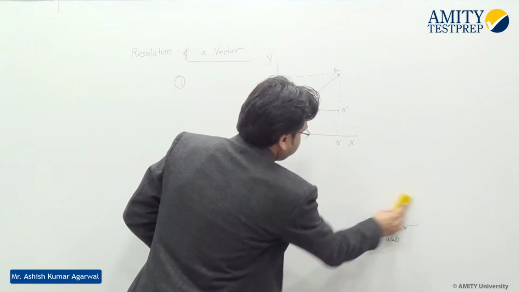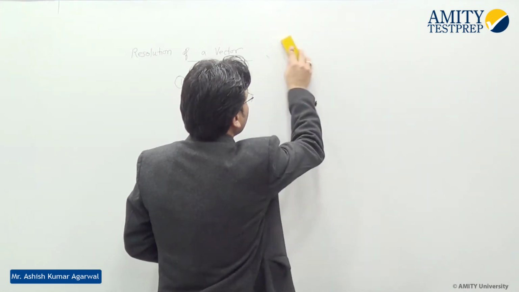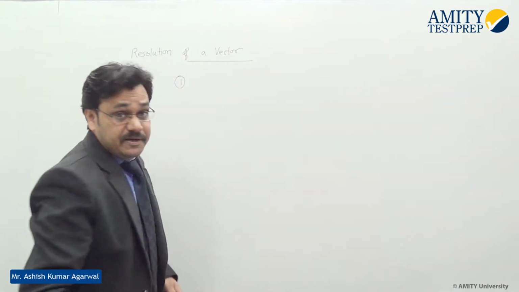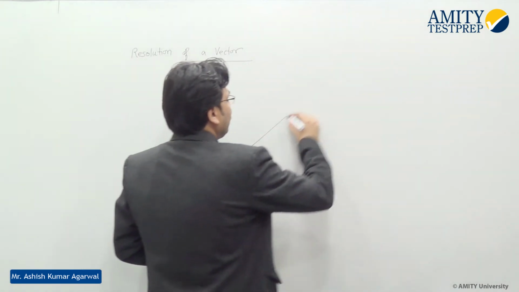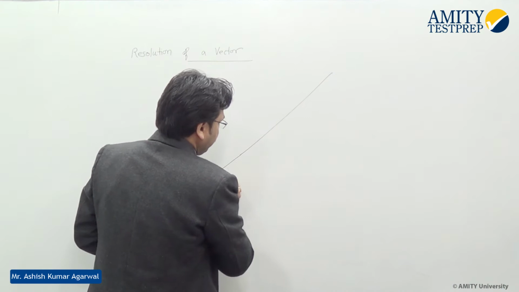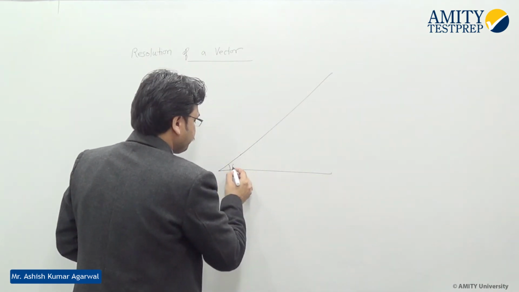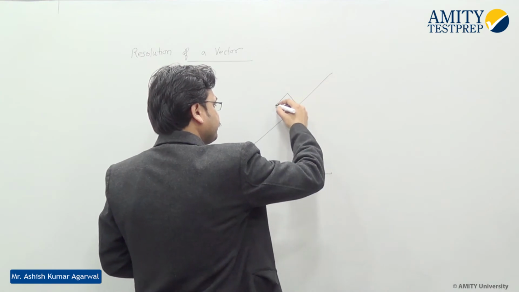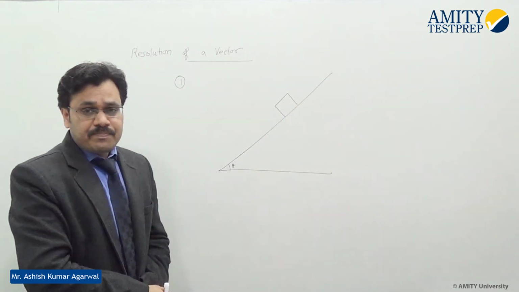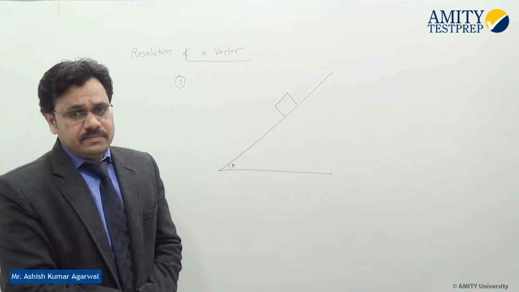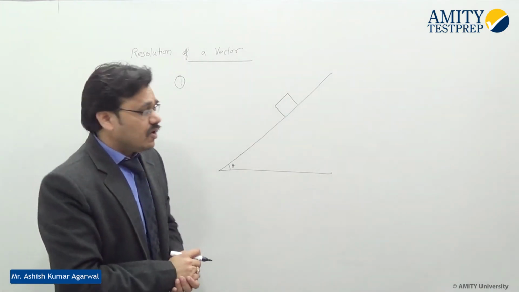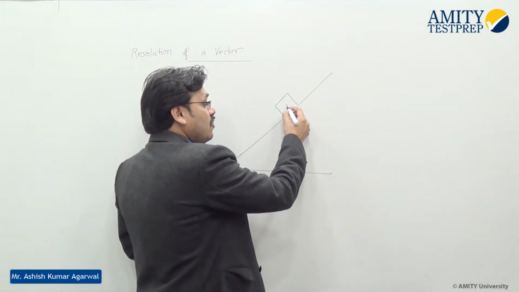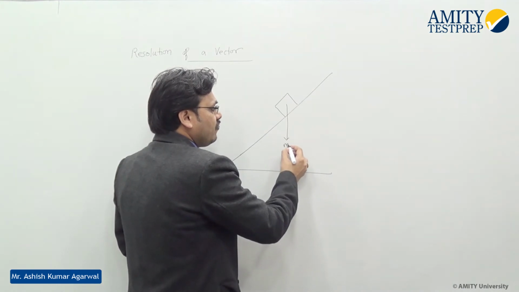I'm just taking an example of an inclined plane where a body is placed. You can see the weight of the object, mg, is always acting vertically downward.